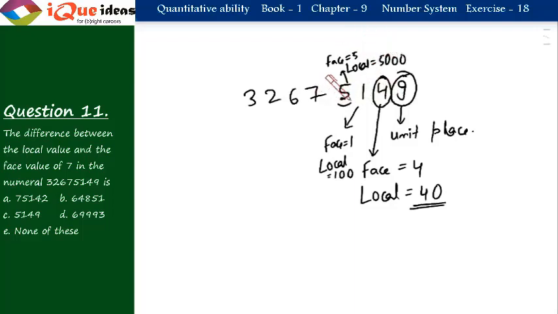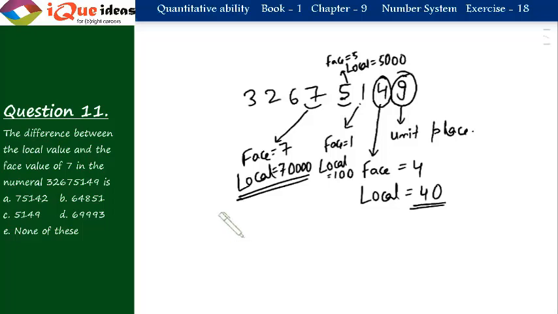Now the 7: the face value is 7, and the local value is according to the position. It has to be unit, tens, hundreds, thousands, 10,000. So the local value is 70,000. All right. The question is asking to find the difference between the local value and the face value of 7 in this numeral.